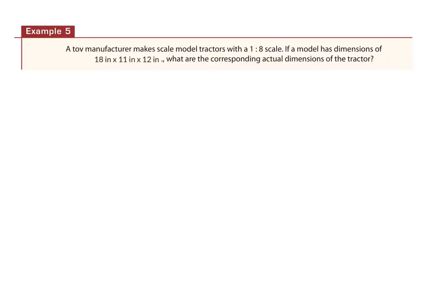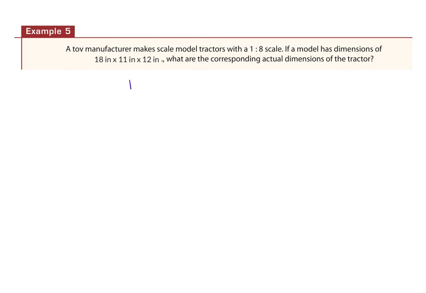So look at what they've told us here. A toy manufacturer makes scale model tractors with a 1:8 scale, meaning the miniature version is 1 compared to the 8 for the real, 1:8. If the model has dimensions of 18, 11, and 12, what are the corresponding actual dimensions of the tractor? All right. Well, they have told us what my ratio is.